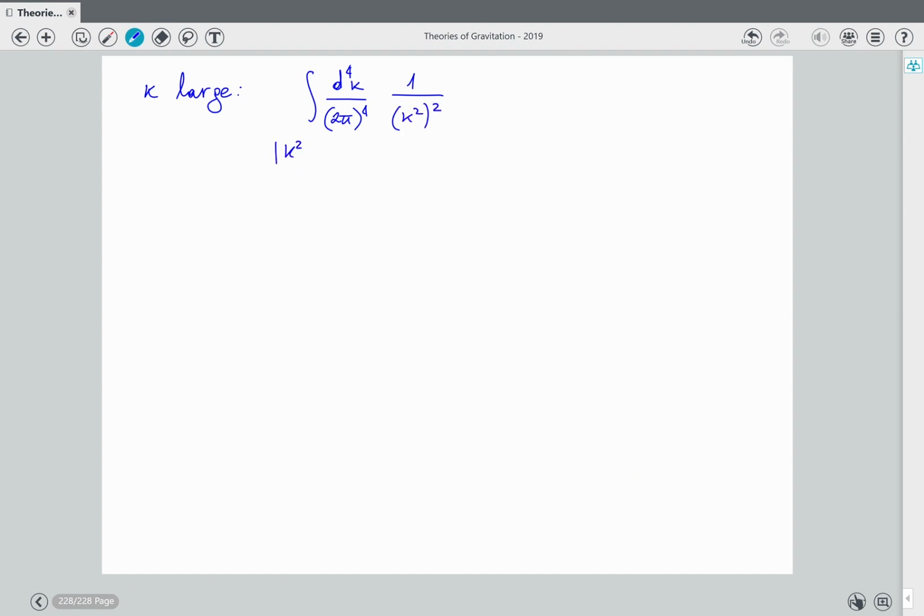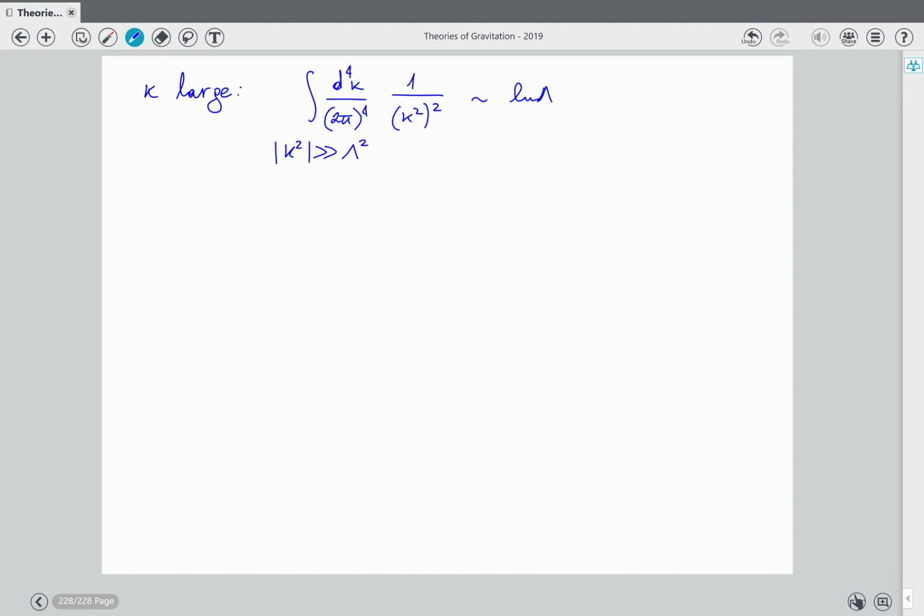So for k squared large, let's say much larger than some value, which we will call a cutoff, this is divergent. It's logarithmically divergent.